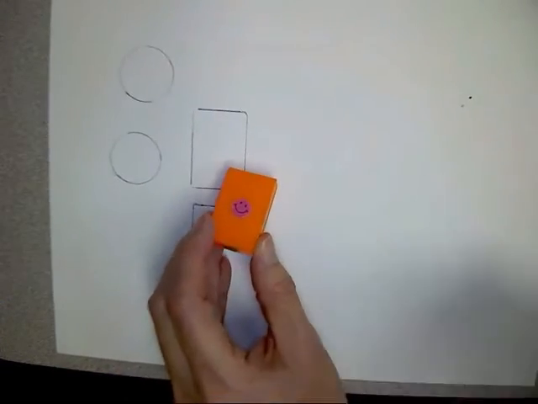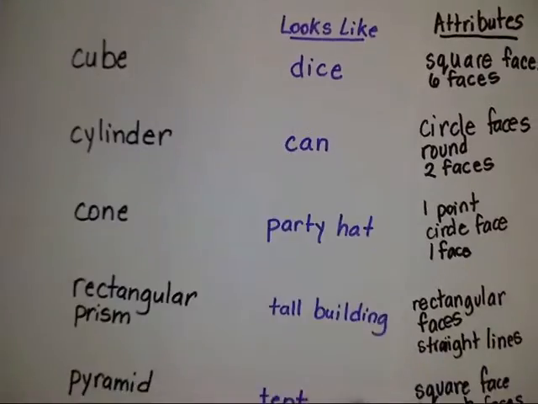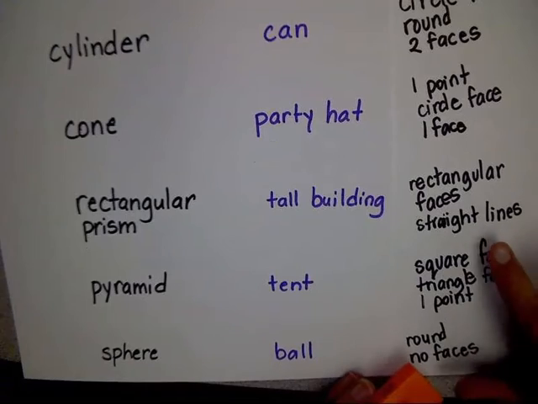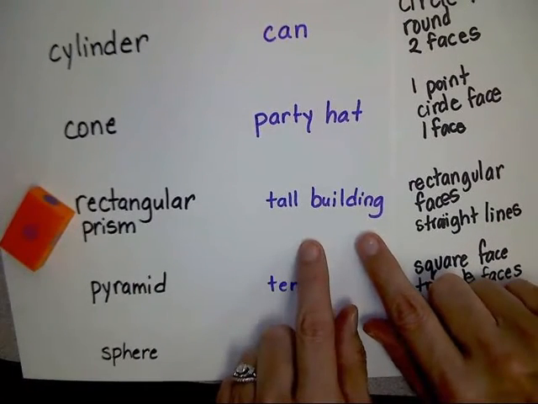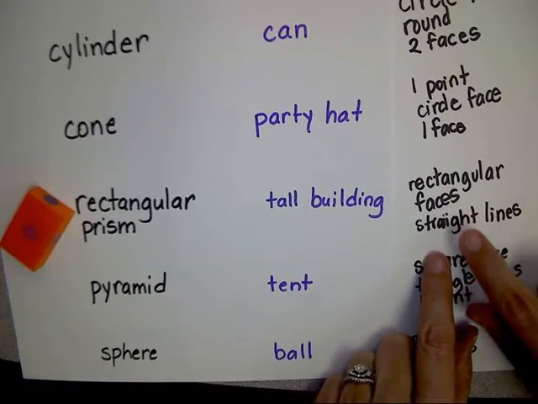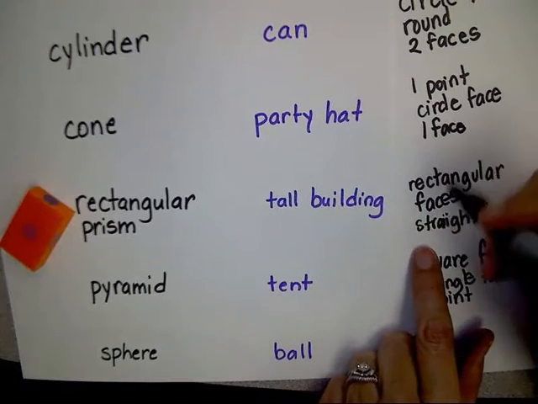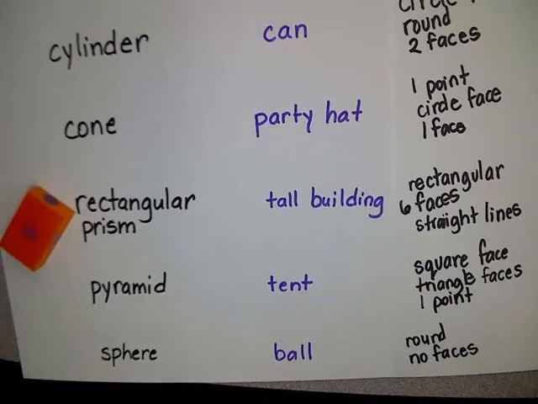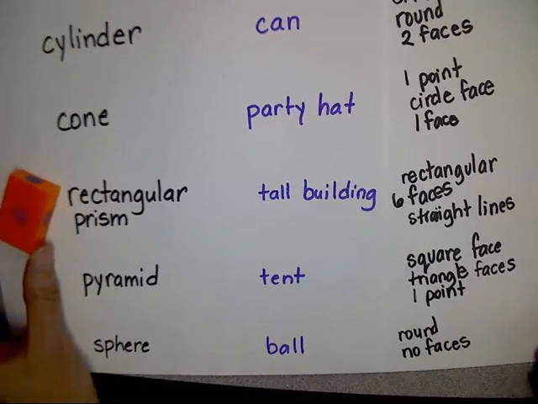So this rectangular prism has 6 faces. Let's add to our anchor chart. We know that a rectangular prism, it does look like a tall building, doesn't it? It's rectangular, it has faces, and it has straight lines. But how many did it have? It had 6 faces. So we can add that understanding to our anchor chart here.